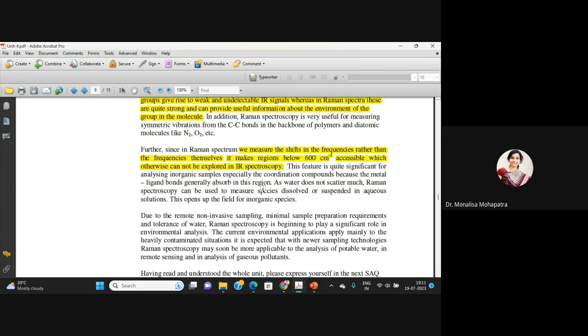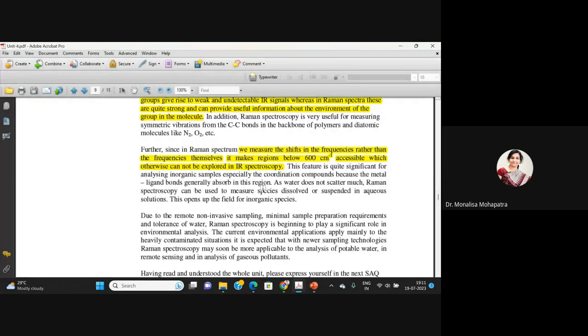Here, you are not measuring in terms of frequency like in IR spectrometry. If you see the x axis, you are measuring in terms of shift in the frequency, which means you are comparing with a certain reference molecule. That you also need to understand.